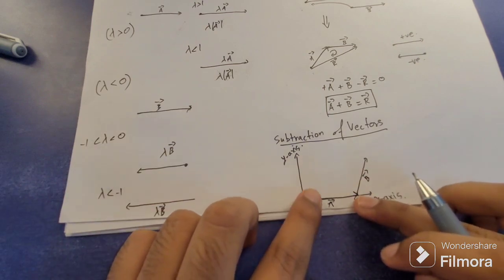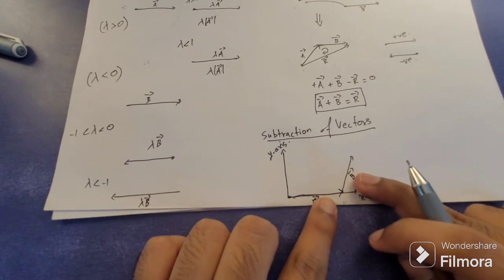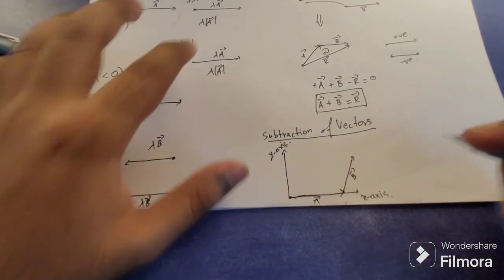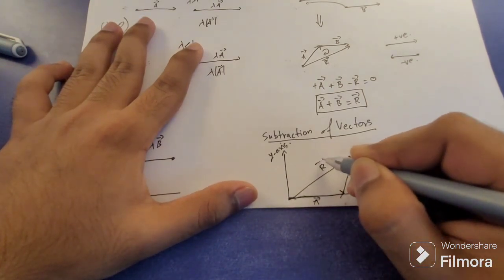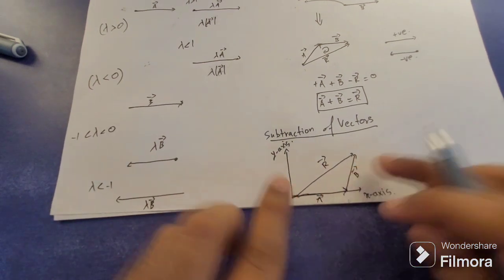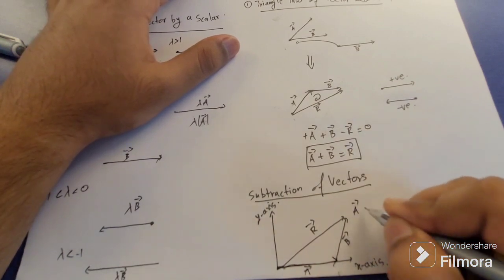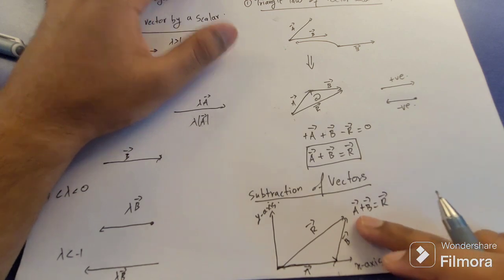By applying the triangle law of vector addition which we just learned, the resultant of a vector and b vector will be found by completing the third side of the triangle. So let us do that. Let us say this is r vector, the resultant of a and b. So the mathematical expression for this would be a vector plus b vector equals r vector.